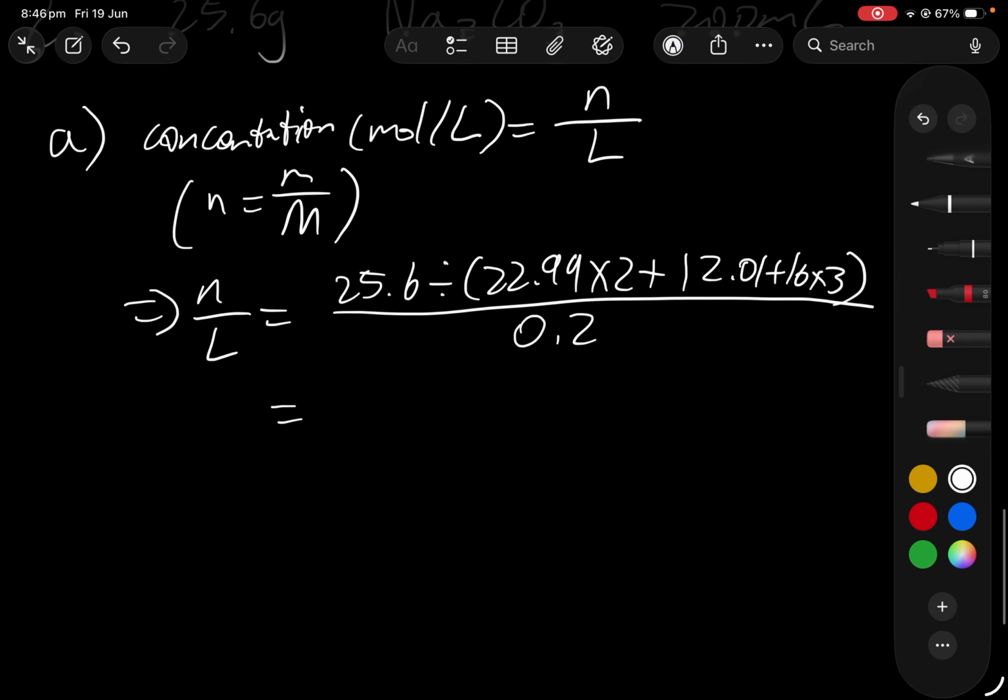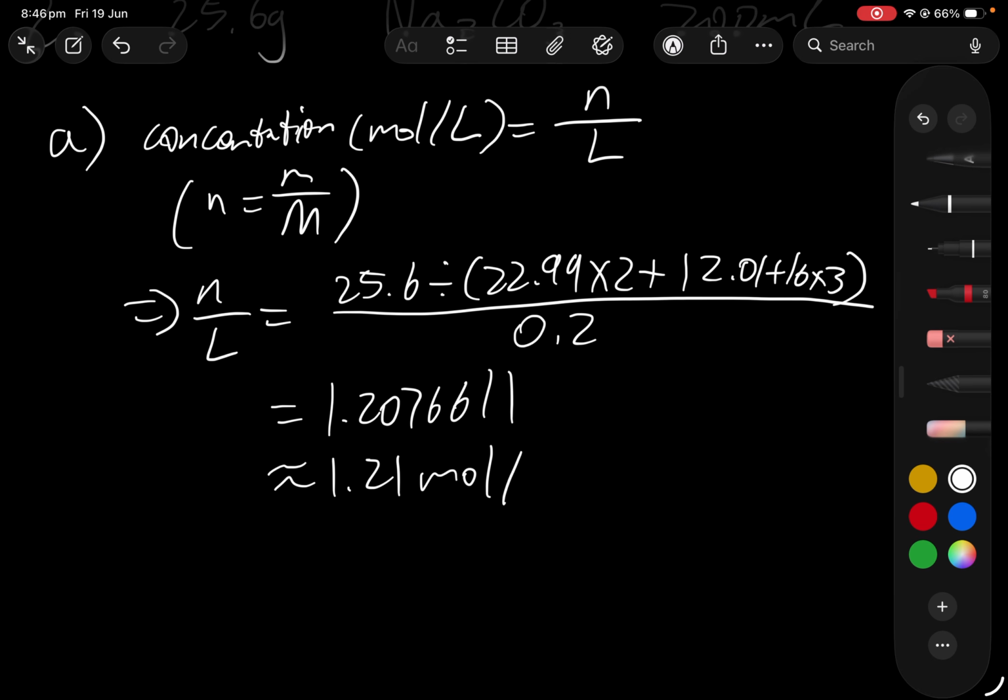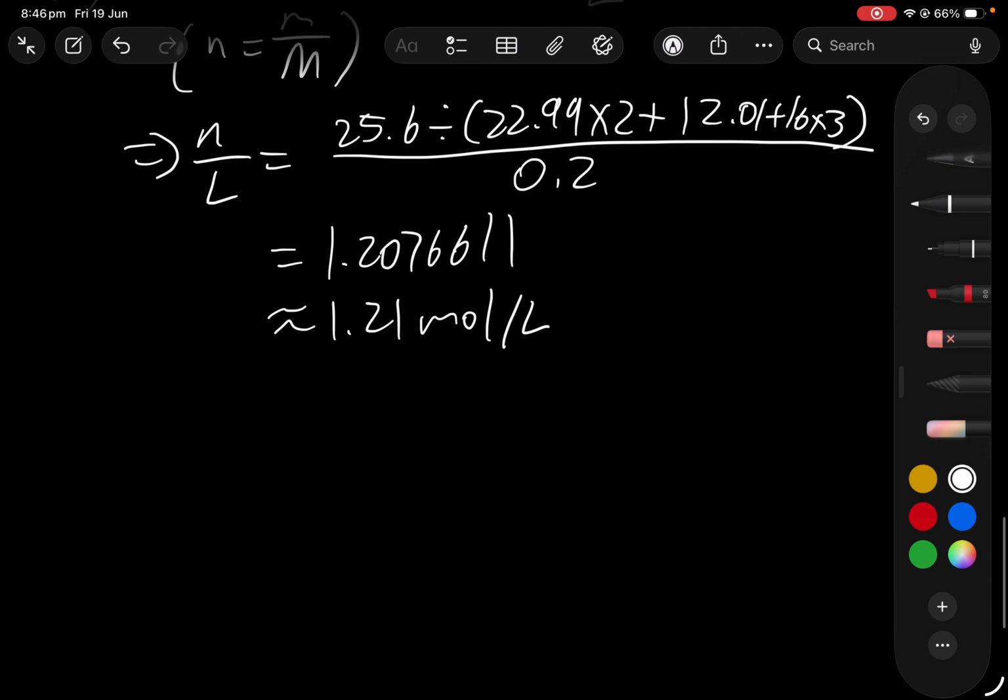Let's get a calculator, see what I get. Divided by 22.99 times 2 plus 16 times 3 divided by 0.2, we get 1.20766611, which equals 1.21 moles per liter. That's it for the first question.